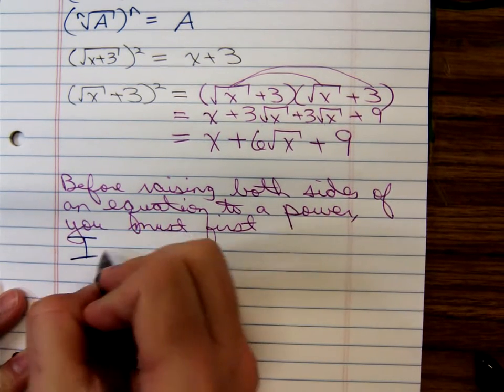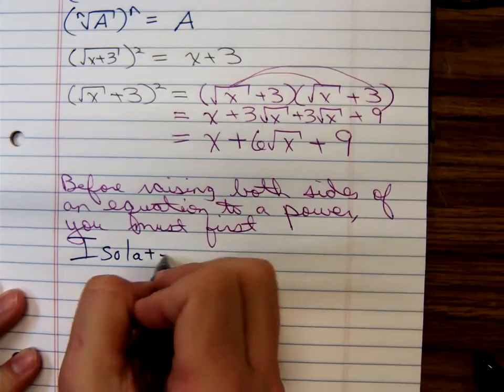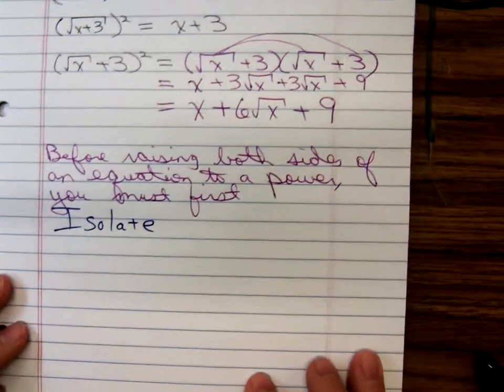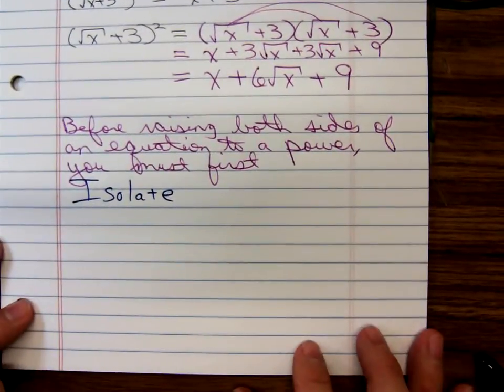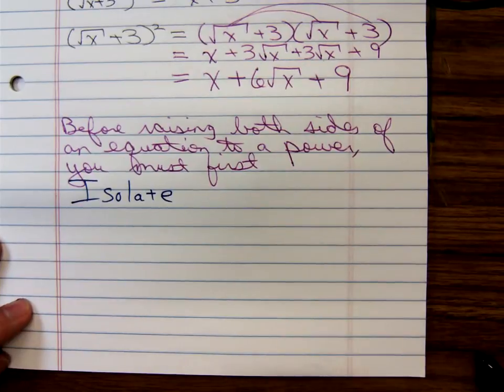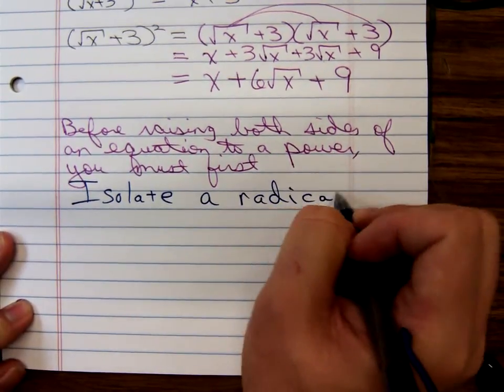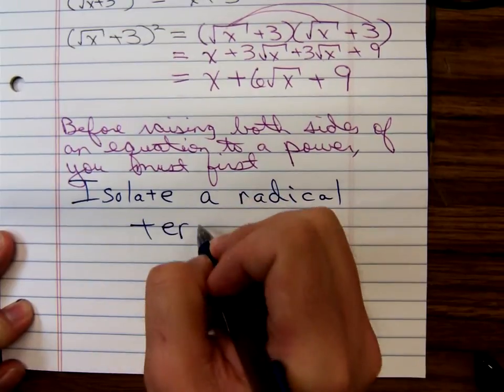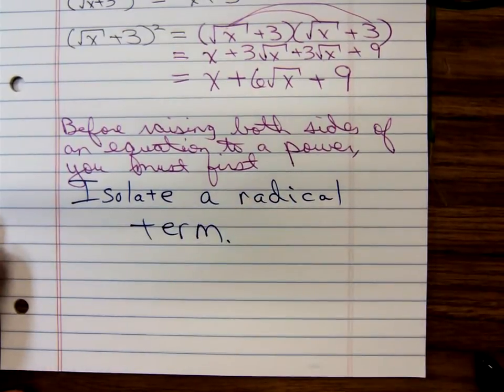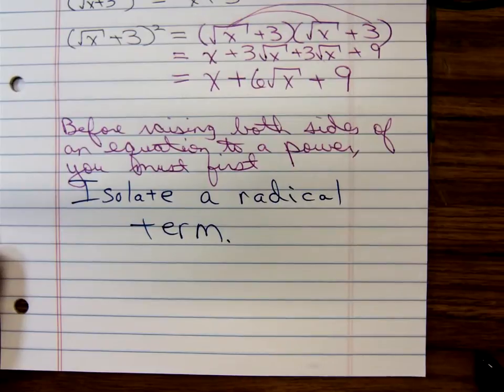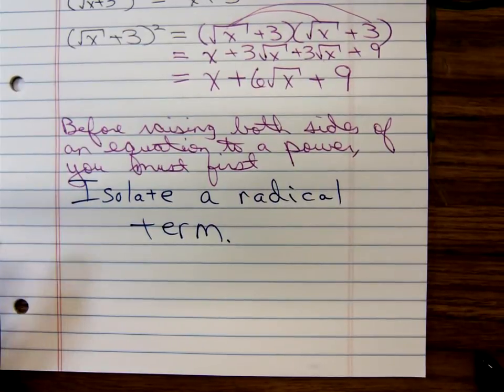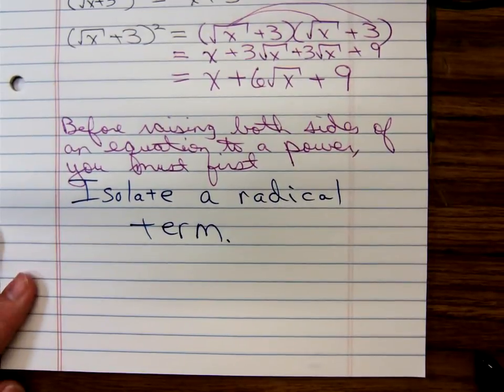I'll say a radical term because you may have more than one radical term. So if you have more than one radical term, get one of those radical terms isolated. Isolate a radical term. And then if it's a square root, you'll square both sides to get rid of it. If it's a cube root, you'll cube both sides. There's a problem though.